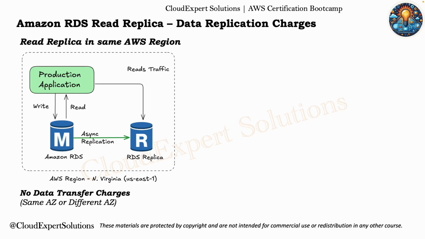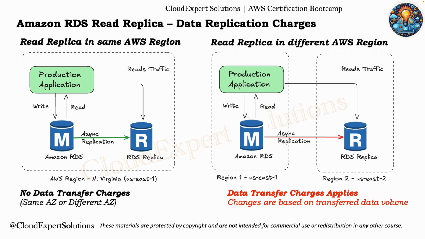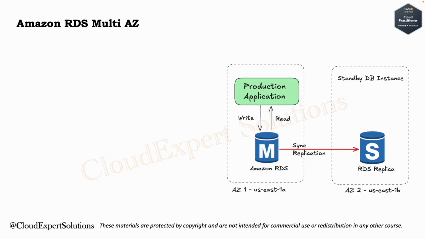Now let's review read replicas across AWS regions. Data replication to read replicas deployed across different AWS regions incurs a data transfer charge, and these charges are typically based on the amount of data the database transferred out of the source region. Now let's review the Amazon RDS Multi-AZ feature.